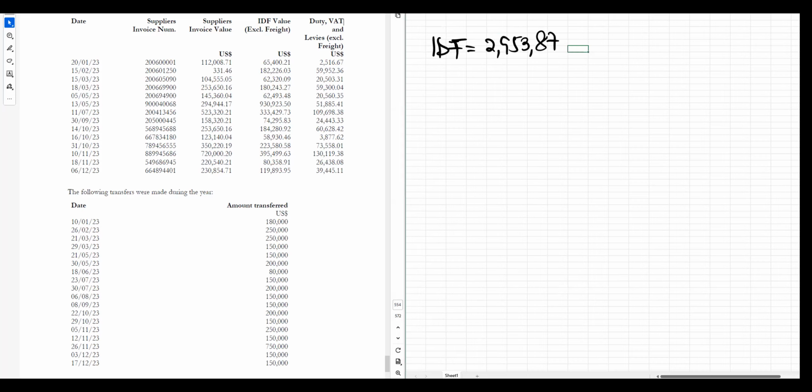So let's say 877. Okay. Then somebody gave me the total transfers as 3,710,000. Good. So I'm left with the supplier's invoice value and then the duty, VAT, and levies. Please, fast, then let's go.